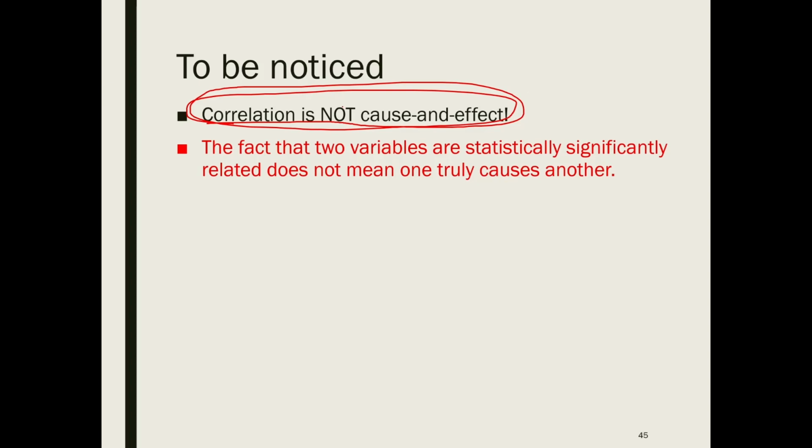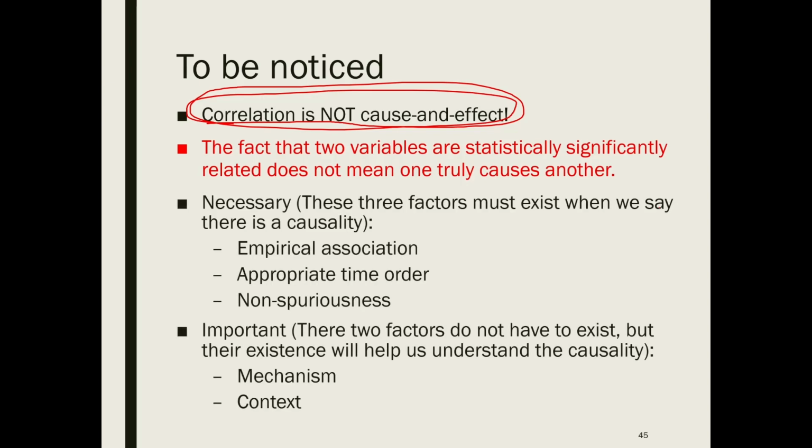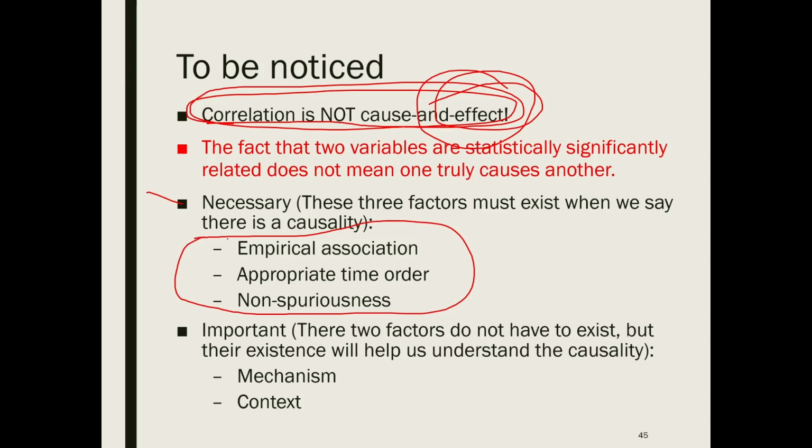If you took the methods class or know a little bit about research methods in the social sciences, the fact that two variables are statistically significantly related does not mean one truly causes another. And research methods also tells us that if you want to establish causality, the cause and effect between the two variables, you need to meet at least all three things: empirical association, appropriate time order, and not related to a third variable.